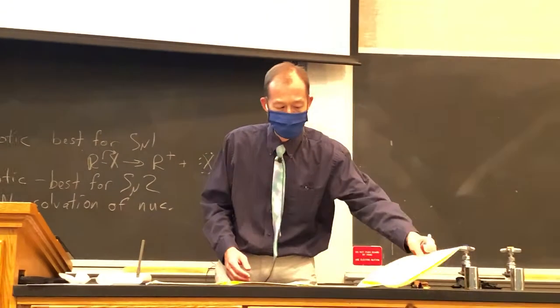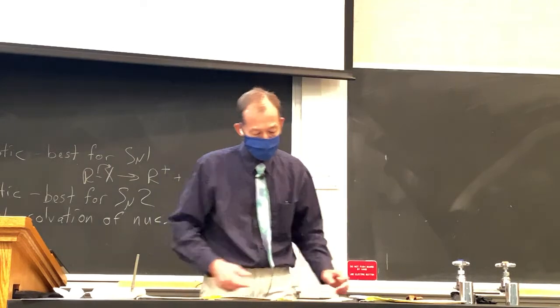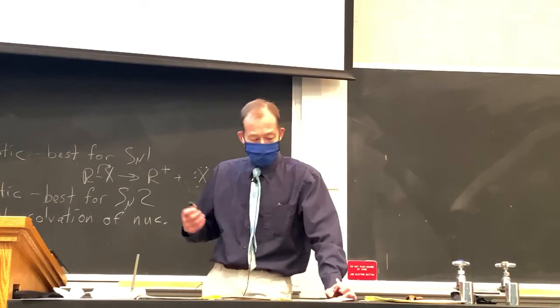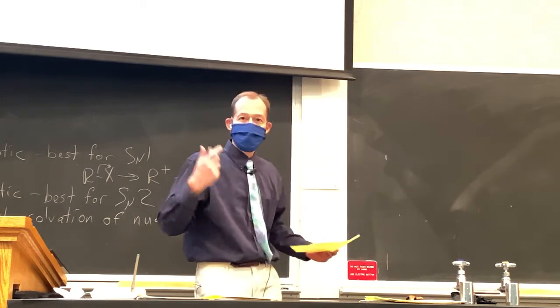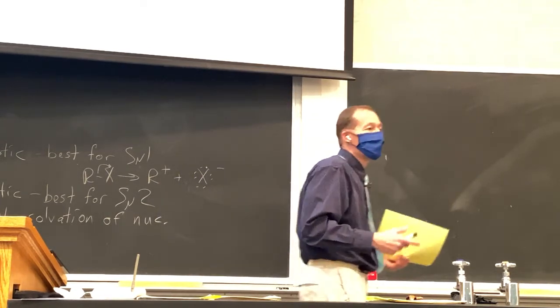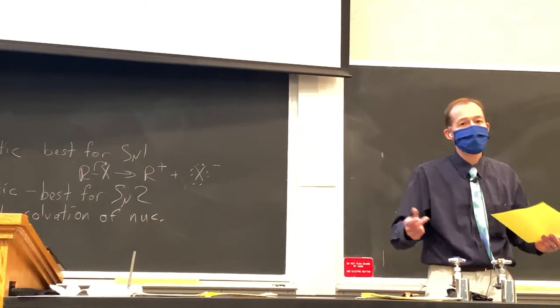Chapter 8, also about alkyl halides, but talking about the elimination reaction. In the same way there were two substitution mechanisms, we have two elimination mechanisms, an E1 and an E2.